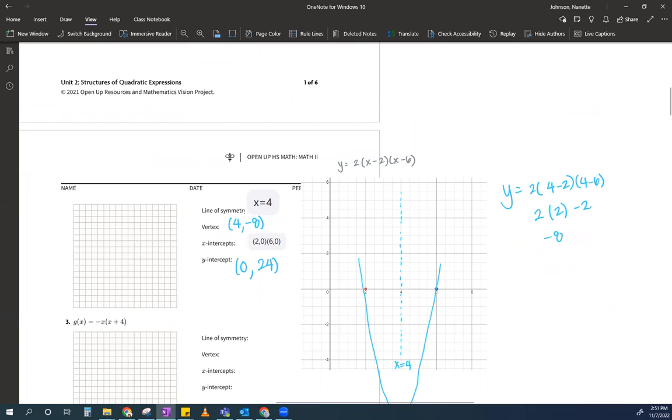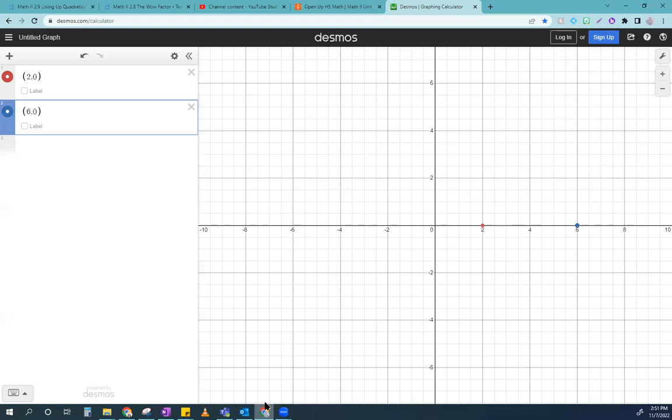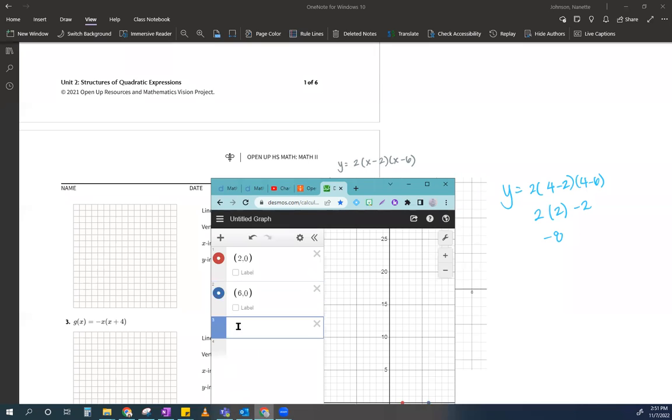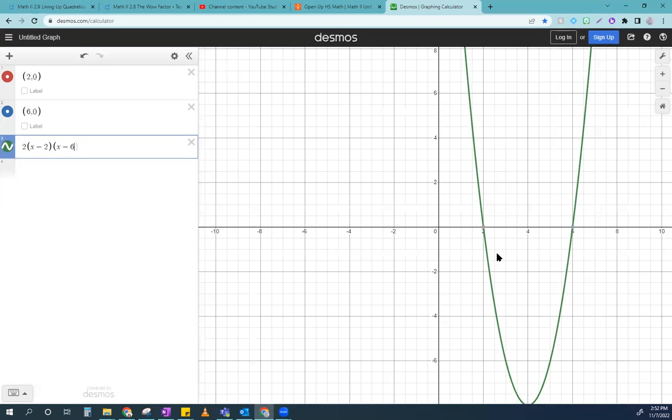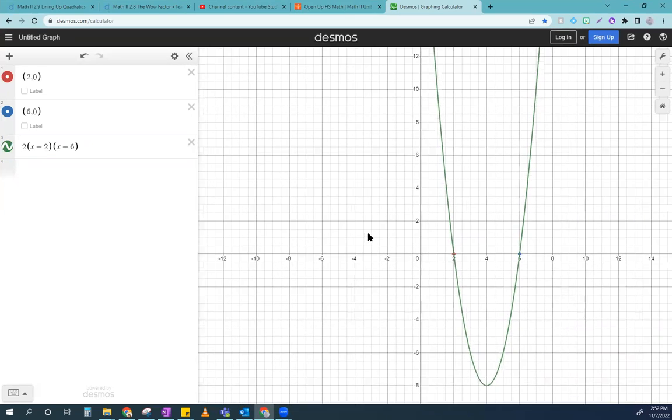Okay, then again, Ms. Johnson, shouldn't we check our graph? Yes, absolutely. So I got to plug in this, 2 times (x minus 2) and (x minus 6). Okay, so let's zoom out a little bit.